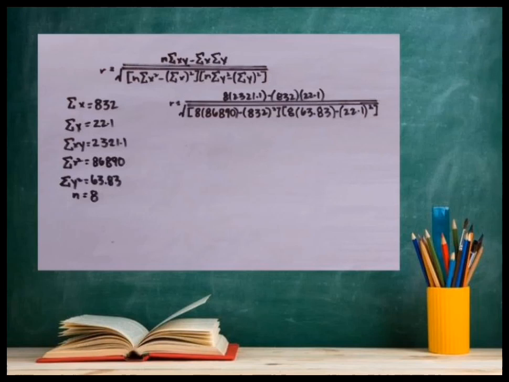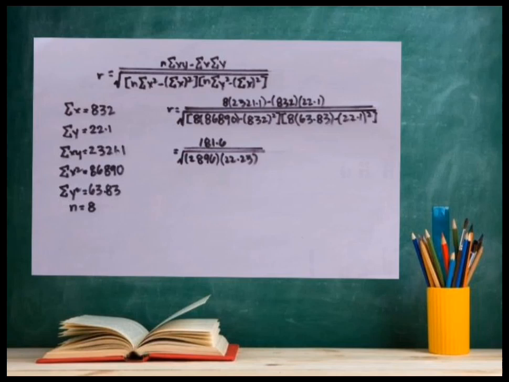Using the scientific calculator, we are going to perform this. 8 times 2,321.1 minus 832 times 22.1. The answer is 181.6. And then, sa denominator natin, unahin mo na itong nandito.